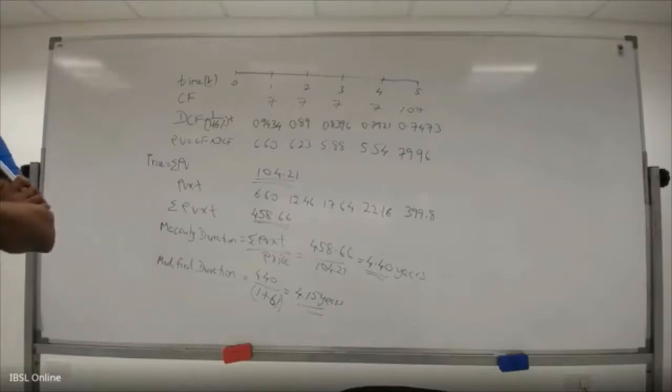Okay, so what is your answer? The maturity of a zero coupon bond which will have the same interest rate sensitivity. You can answer that question using what you learned up to now.